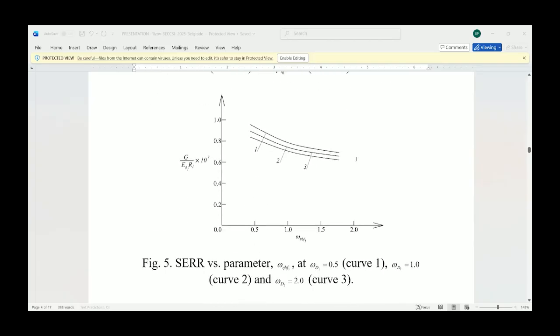A relation between the strain energy release rate and parameters omega eta bf1 and omega d1 is also analyzed. This relation is illustrated by the graphs shown in figure number 5.